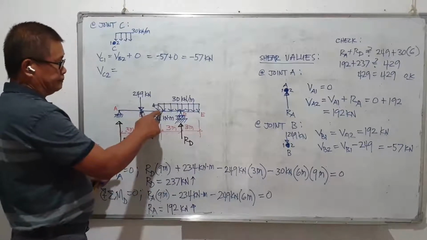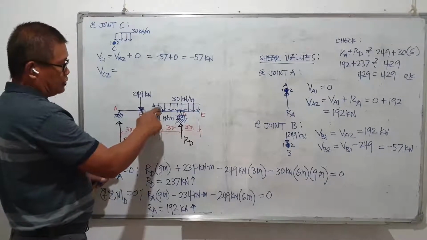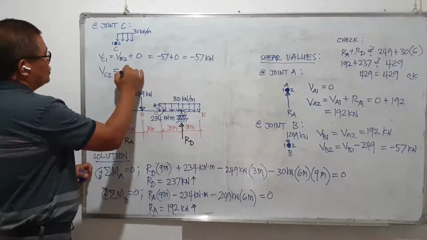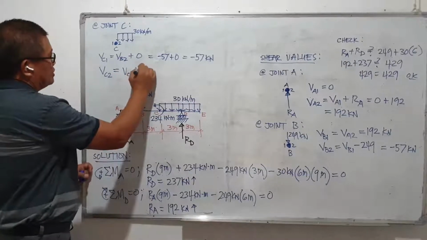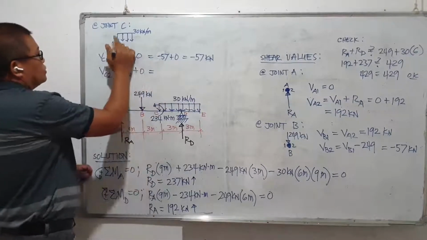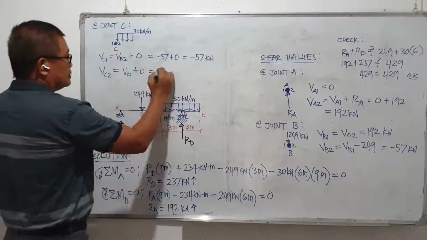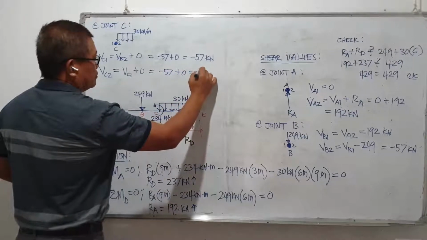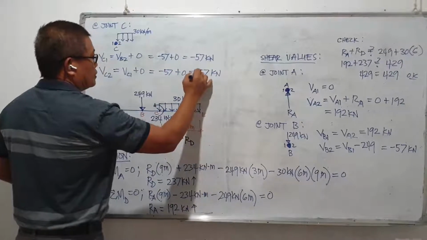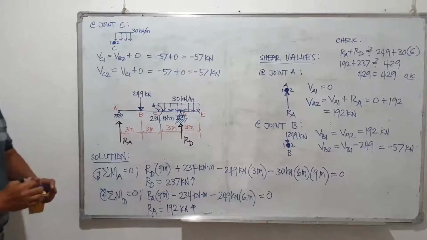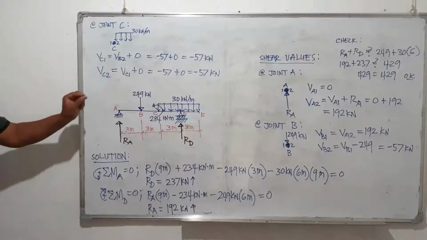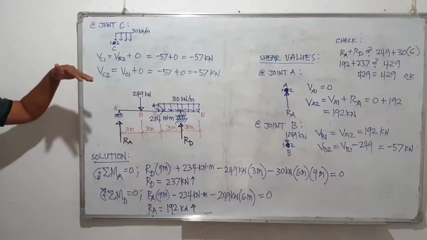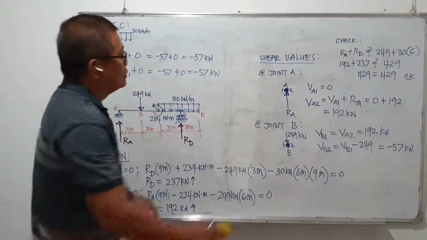But in this case, since it is just the start of uniform loading, then V sub C2 is equal to V sub C1 plus 0, meaning there is no concentrated load at the center. So this is negative 57 plus 0, or we have negative 57, which means that VC1 and VC2 will just have one magnitude of the shear. It will just vary as soon as we go towards point D.